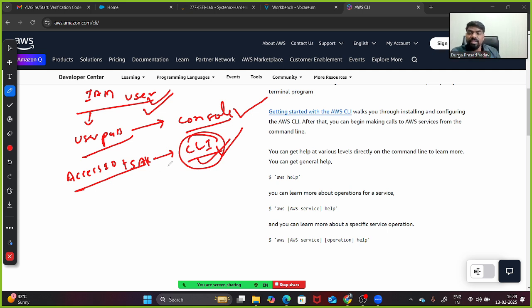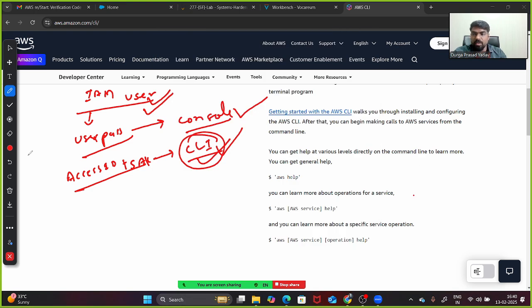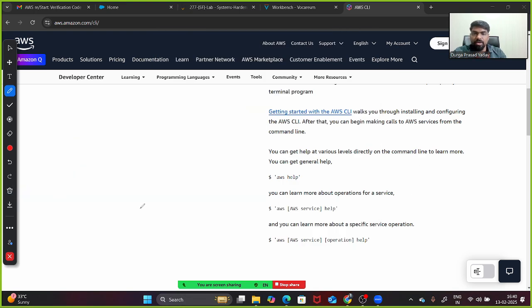Now once you get this credential, you have to log in to the AWS account. So first you have created the user.